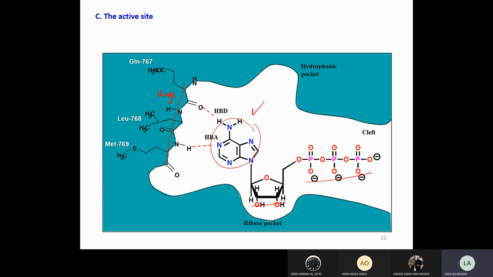أنا بيهمني تميزوا إنه الأدينين okay forms hydrogen bond interactions with the backbone of the Hinge region. لأنه type 1 و type 2 inhibitors, those two types of kinase inhibitors, they actually bind أو بيكون في جزء من الدرج بيرتبط محل ما بترتبط الأدينين and it forms hydrogen bond interactions with the kinase.